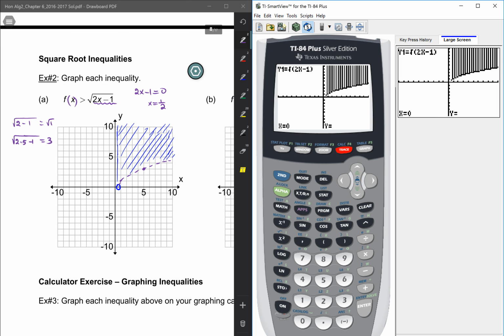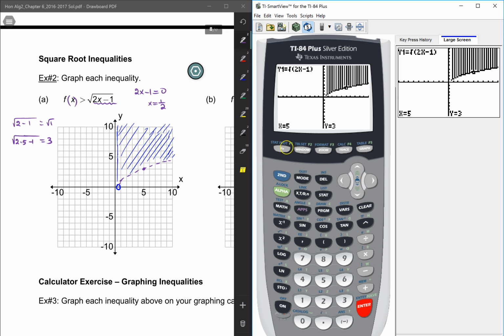In trace mode, type in 0.5 for x, press enter, and it gives you the value. I type in 6. What if x is 6? It's that. What if x is 5? It's that.